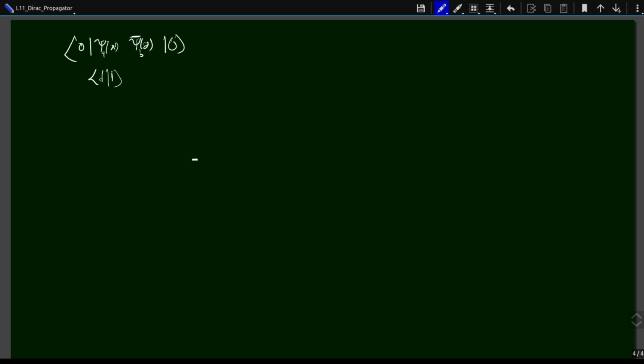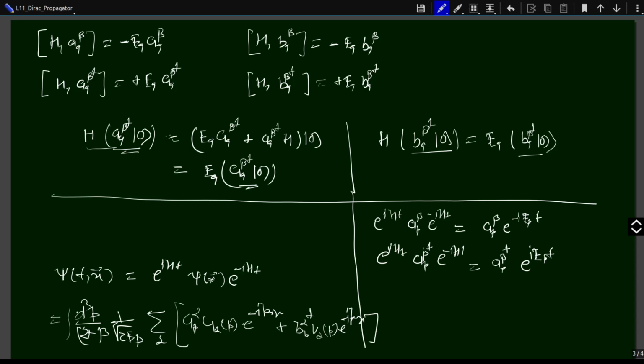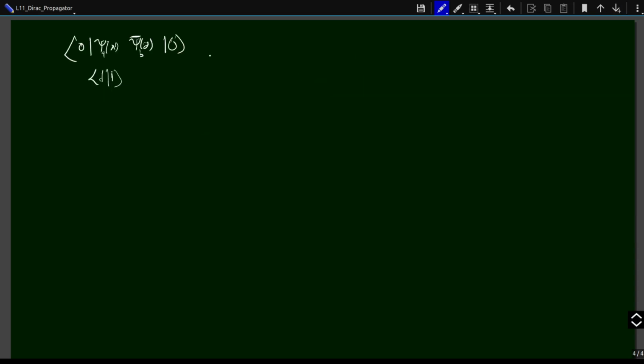As we have in our previous slide, psi of x, here x means the 4-vector that I'm interested in. Here x and y are the 4-vectors. And since this is the case very specific to that, x naught happens after y naught.